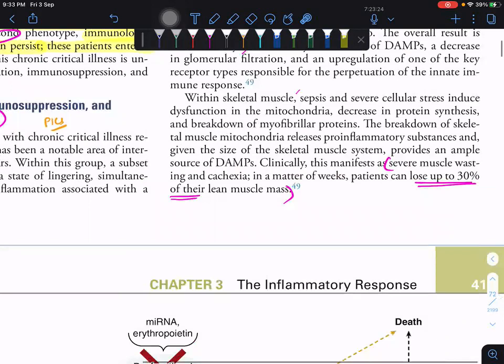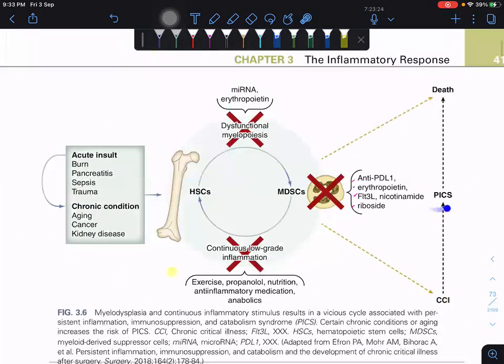This diagram depicts PICS. Whenever any insult happens, acute or chronic, it stimulates our bone marrow, stimulating hematopoietic stem cells to increase neutrophils and cells in the blood.